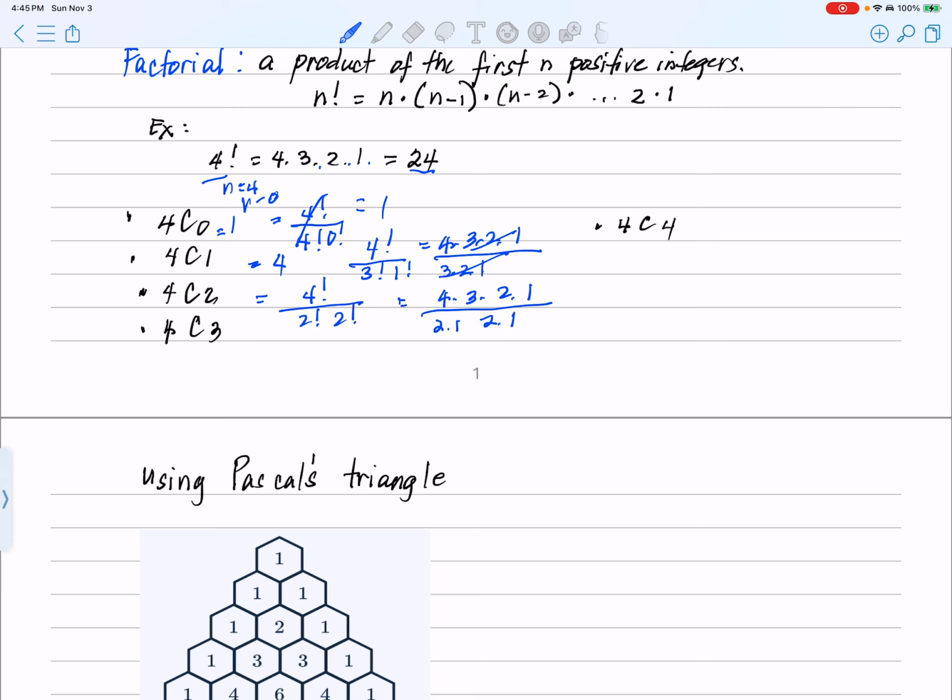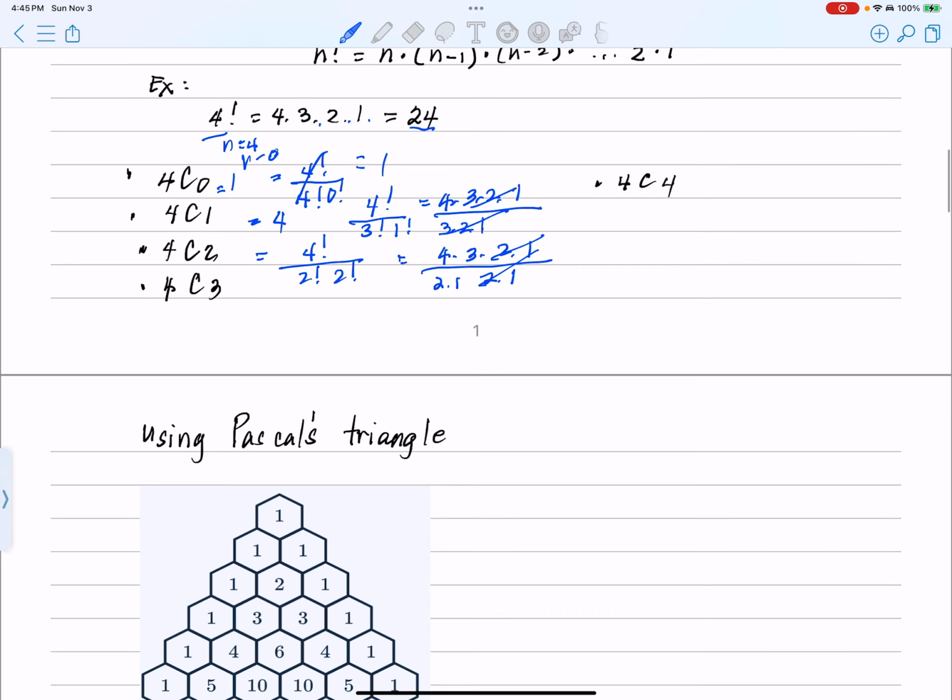We can cancel this out. So 4 times 3, that's 12. And then you divide by 2, that is 6. So 4 choose 2 is equal to 6.